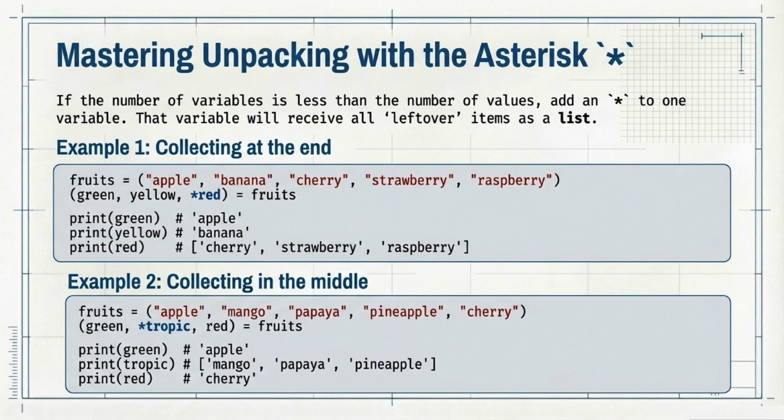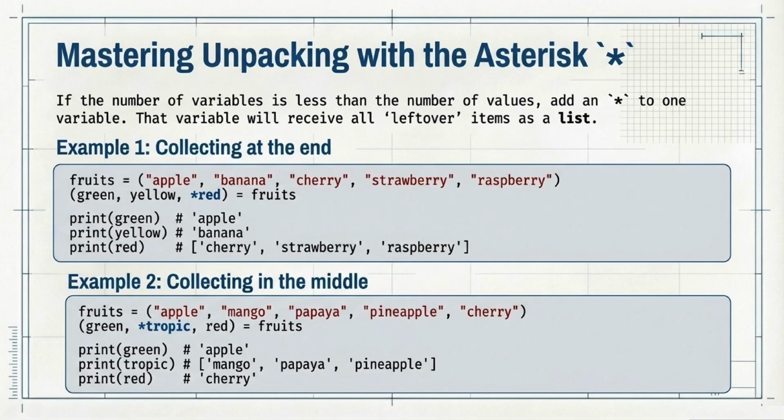Star unpacking also works when the collection happens in the middle of the assignment. For instance, with the tuple apple, mango, papaya, pineapple, and cherry, unpacking it as green, *tropic, red = fruits assigns apple to green, cherry to red, while tropic gathers all the values in between as a list, which is mango, papaya, and pineapple.